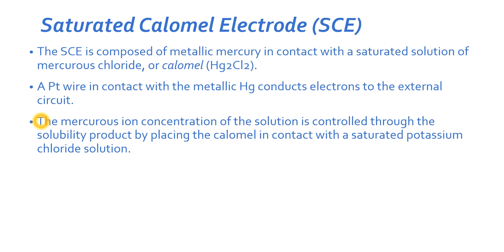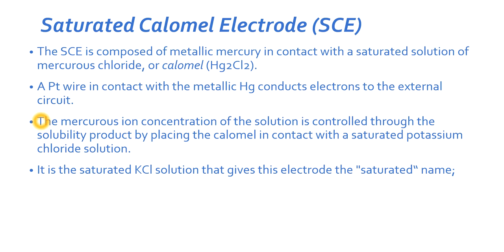The mercurous ion concentration is controlled by the presence of saturated potassium chloride. The mercurous chloride is kept in contact with potassium chloride solution to control the mercurous ion concentration. It is called saturated because of the saturated solution of potassium chloride.